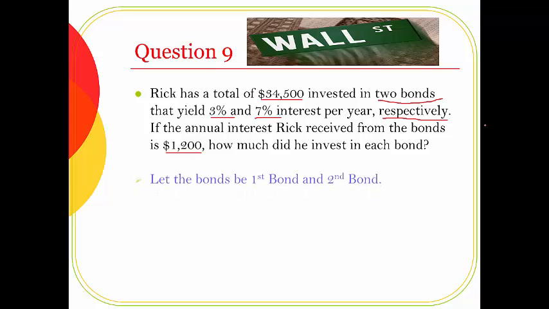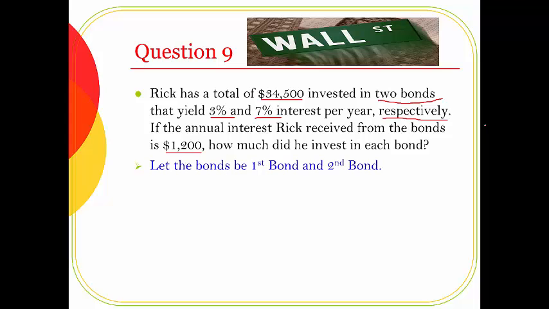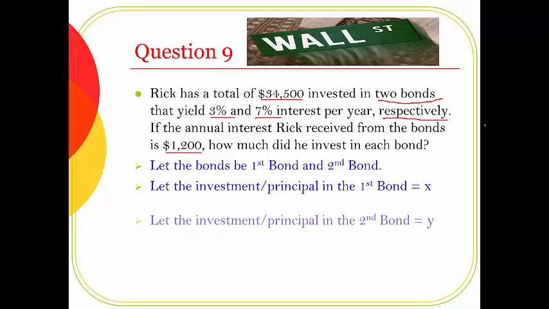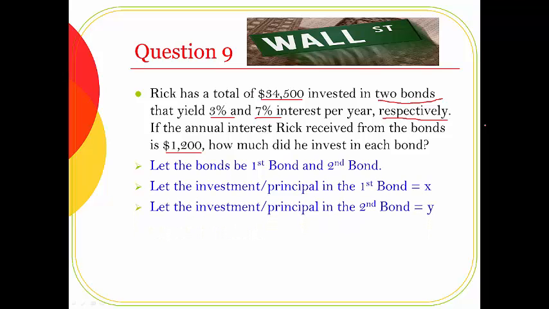So let the bonds be first bond and second bond. And let the principal in the first bond be x. Let the principal in the second bond be y. This tells you that x plus y is 34,500. That's the principal. That gives you equation 1.